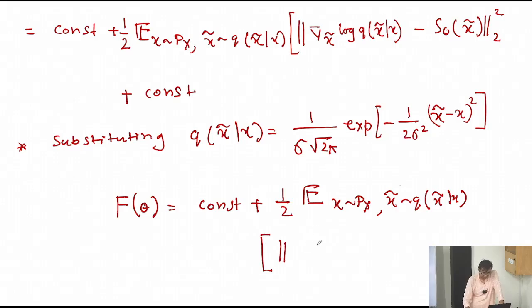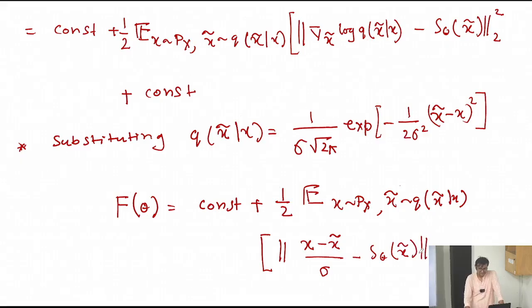The 2 will come outside, this will cancel, yes, sigma square. That doesn't matter to be very honest, but yes, sigma square. This is what you are getting, the norm, obviously.